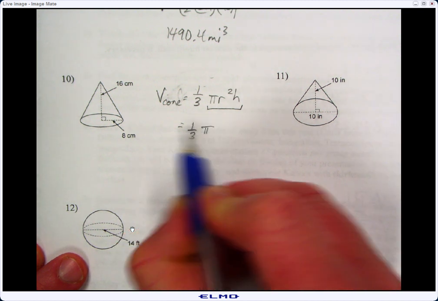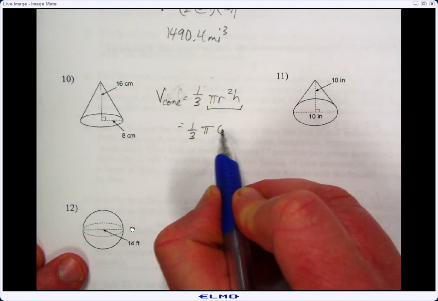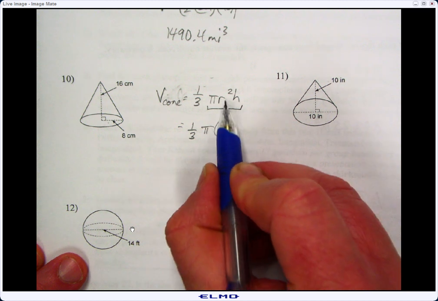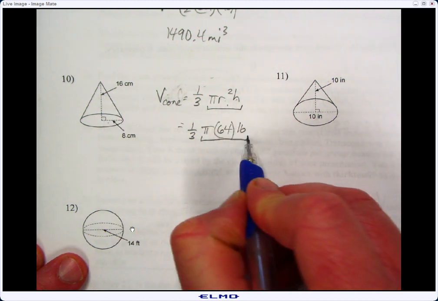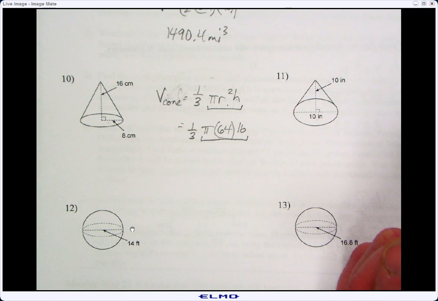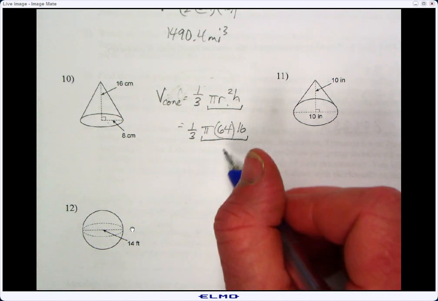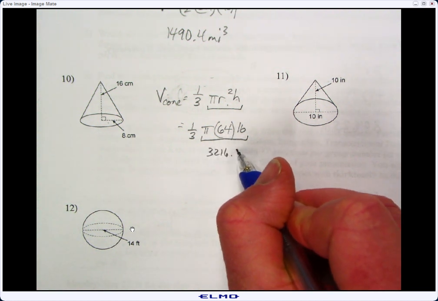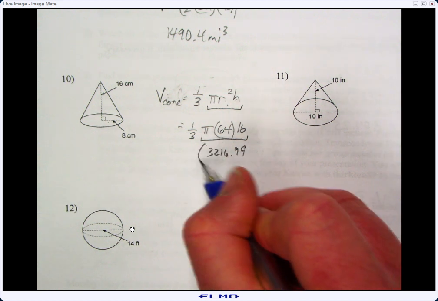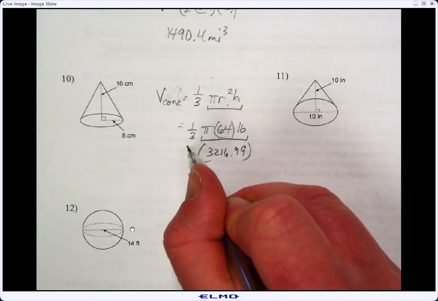So if we take the radius, square it, so 8 squared times the height, this is the cylinder part. So 16 times 64 times pi, that would be 3,216. If that was a cup, you're comparing cups, if that would be a cylindrical cup with those dimensions, you'd have that.